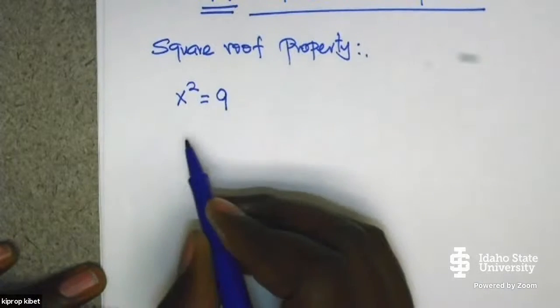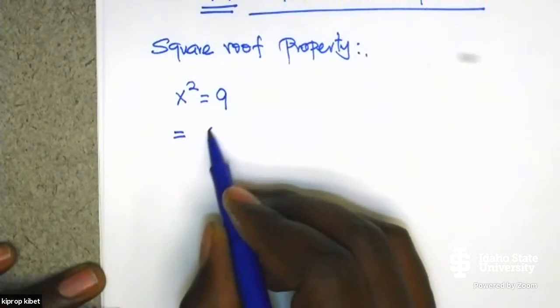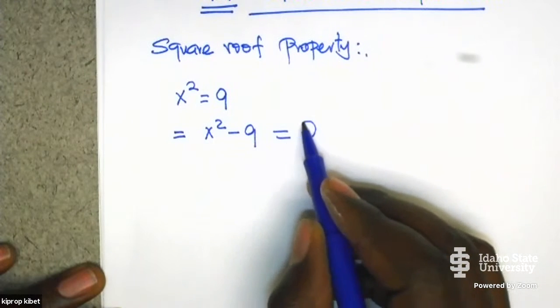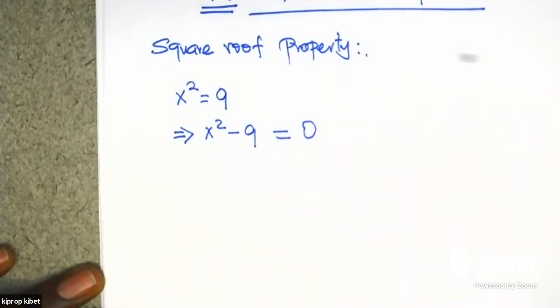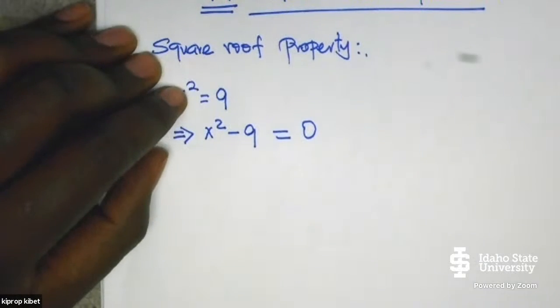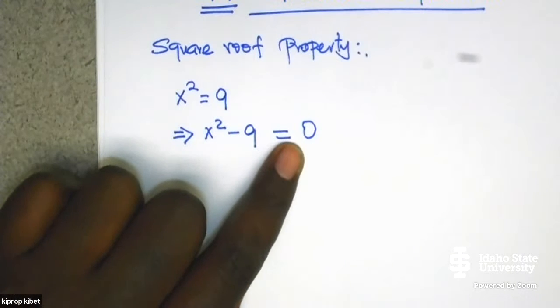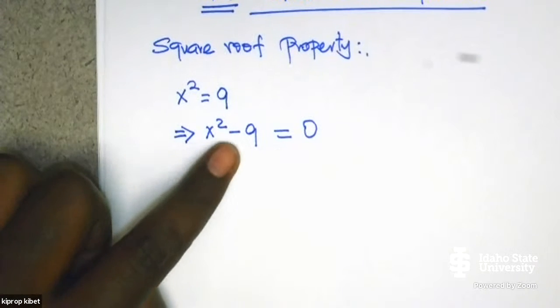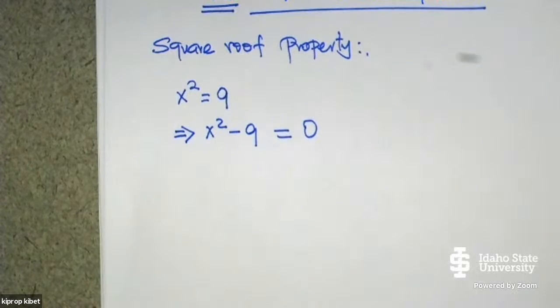This is the same as x squared, and then we bring 9 to the other side, equals 0. Then x squared minus 9 is what? It is a difference of two squares, right?